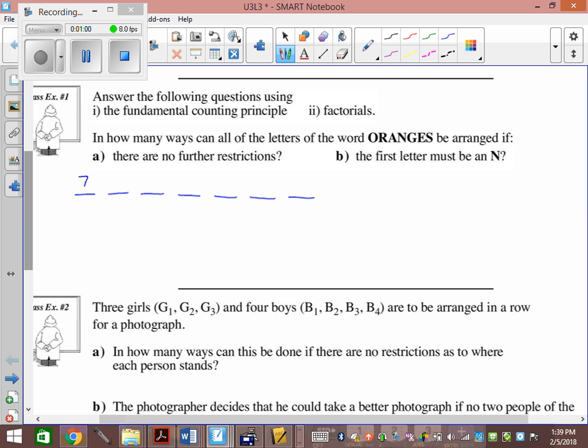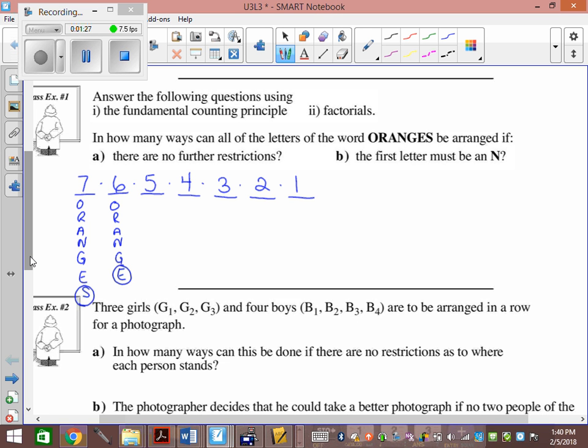So that would be 7, and then this one would have 6 letters because we leave one behind. Then we hold one, so we'd have 5, 4, 3, 2, 1.